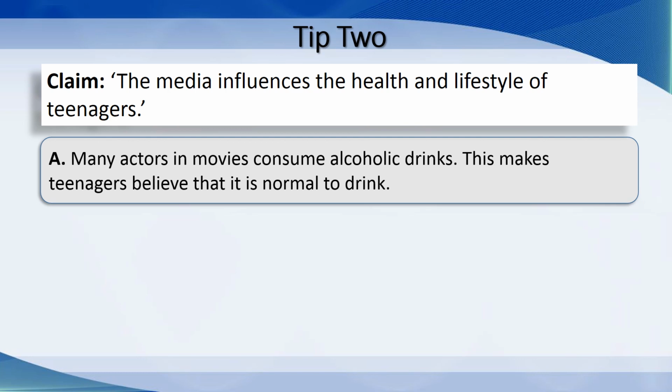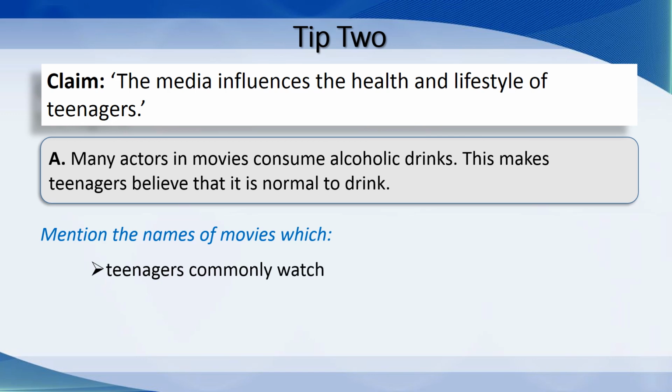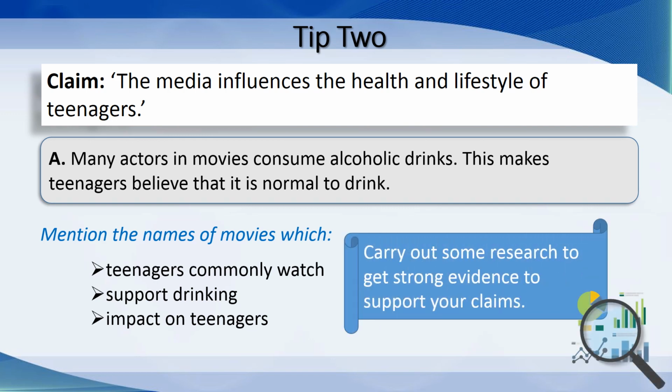Yes, we can improve evidence A by mentioning the names of movies that teenagers commonly watch and which support drinking and so impact on teenagers. While preparing for a debate, it is important to carry out some research to get strong evidence to support your claims.